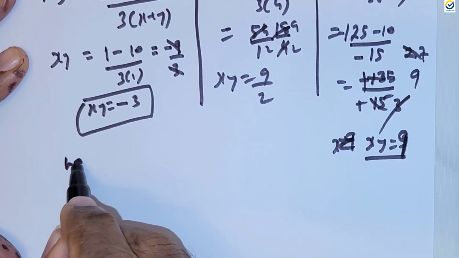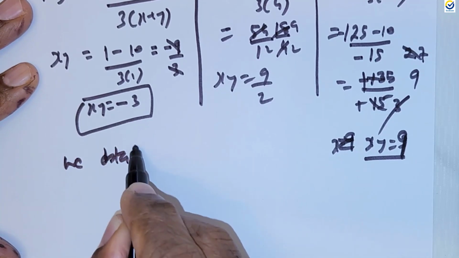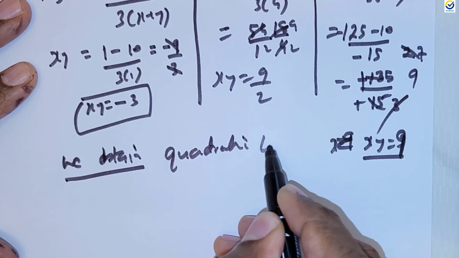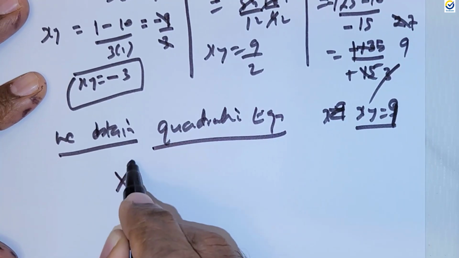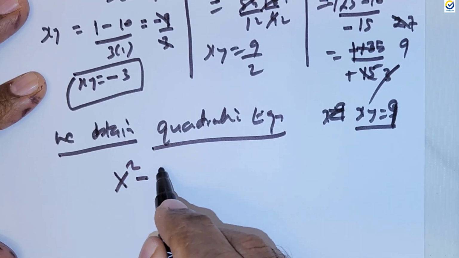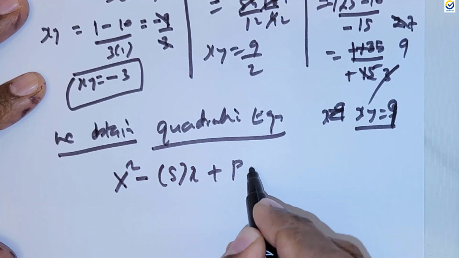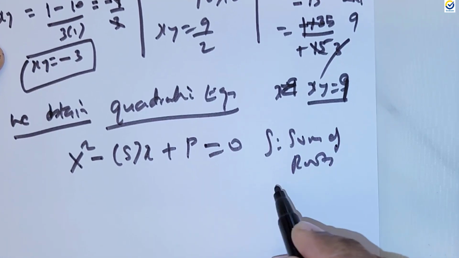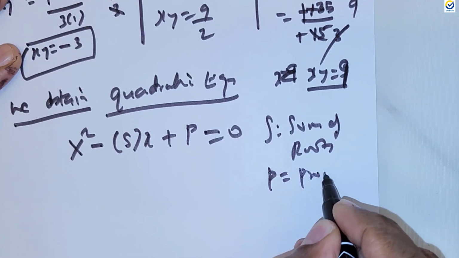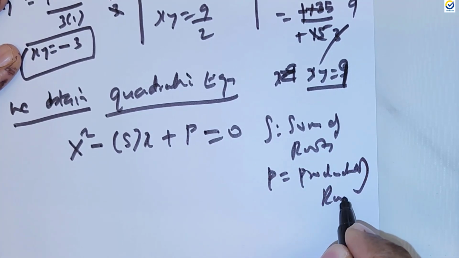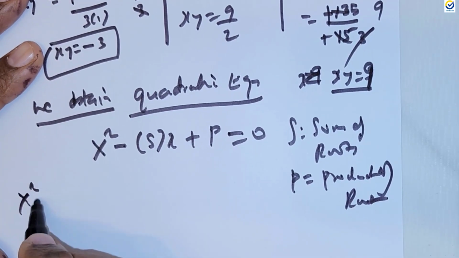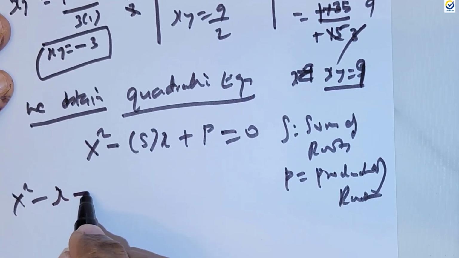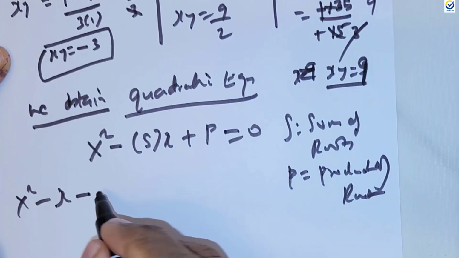So now we will obtain the quadratic equation. That is got by this formula: x squared minus s times x plus p is equal to 0, where s is the sum of the roots and p is the product of the roots. So for the first case, the sum is 1 and the product of the roots is -3.